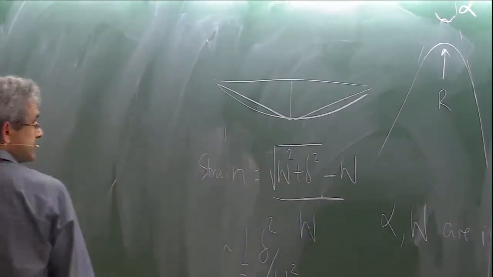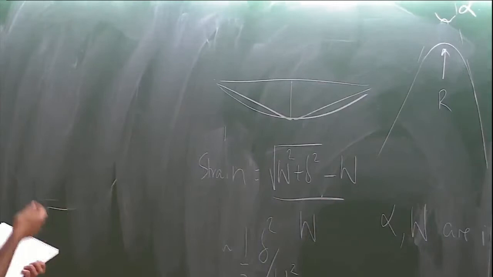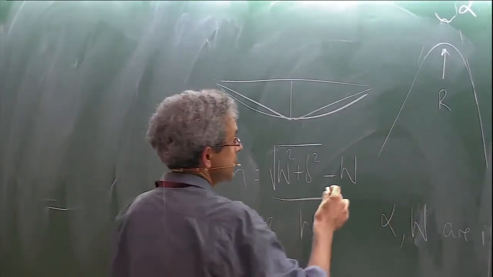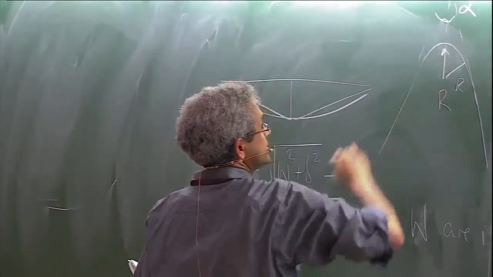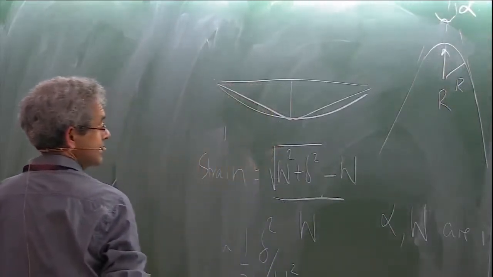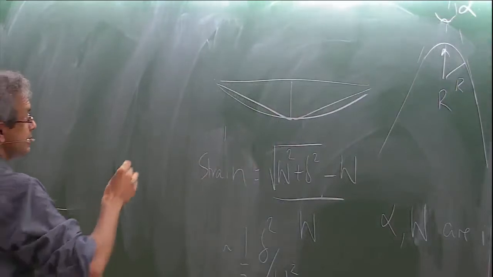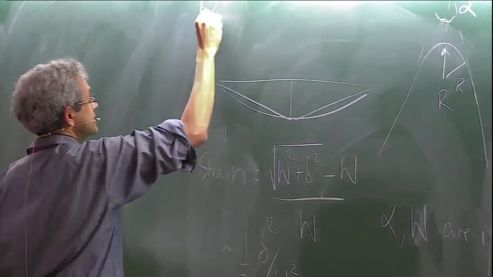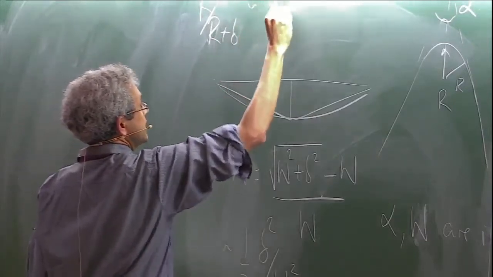The next piece of information I want to extract is a little bit about this R. So this thing is R. I'm going to look at that little triangle and I'm going to say that, that's a horrible picture, sorry, but something like this goes as sine of alpha.